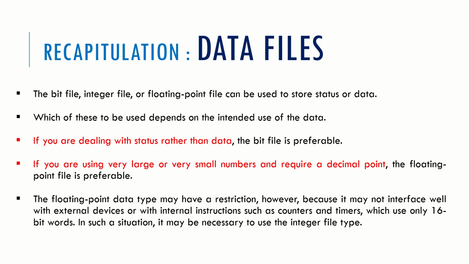But if your condition does not allow you to use an integer, or it invariably requires a decimal point, or some very big data that you should express in terms of raised-to-the-power factors, then definitely floating point data has to be used.